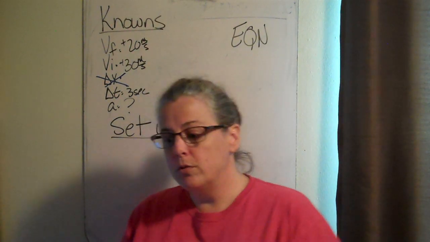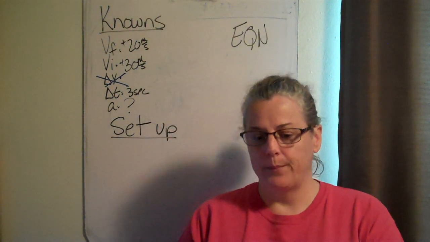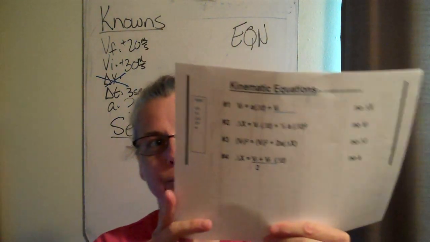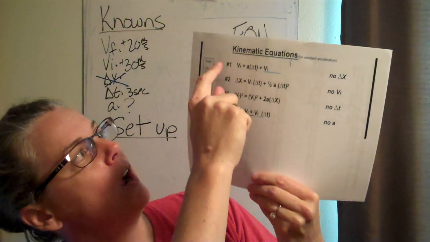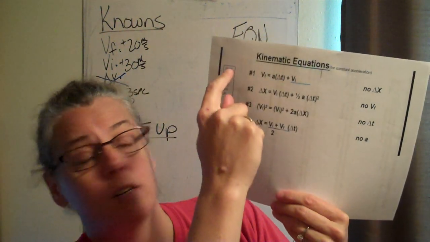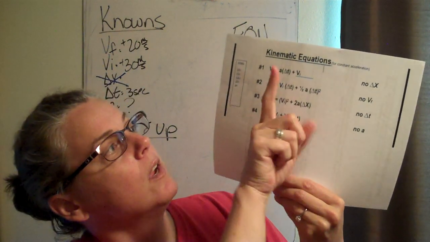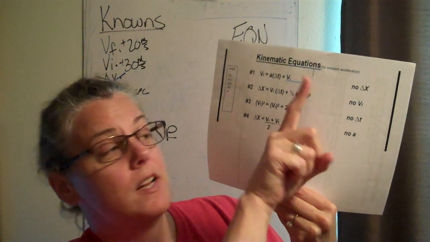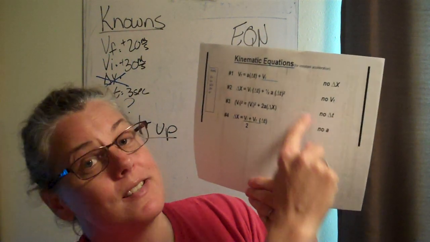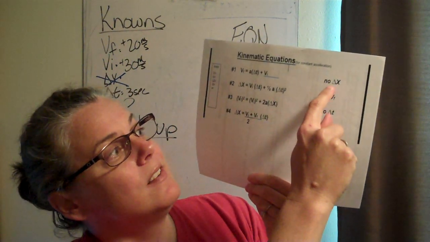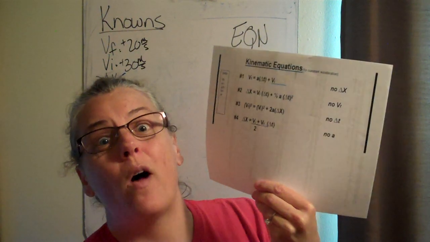So when you go to your kinematic sheet with the equations, we have our list of knowns. We have what number of the kinematic it is. We have the actual equation. And then over here, this is the key piece. This is how you're going to choose which one.